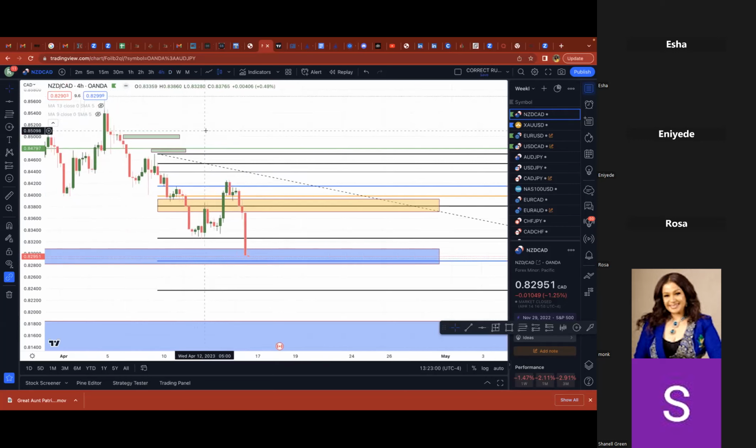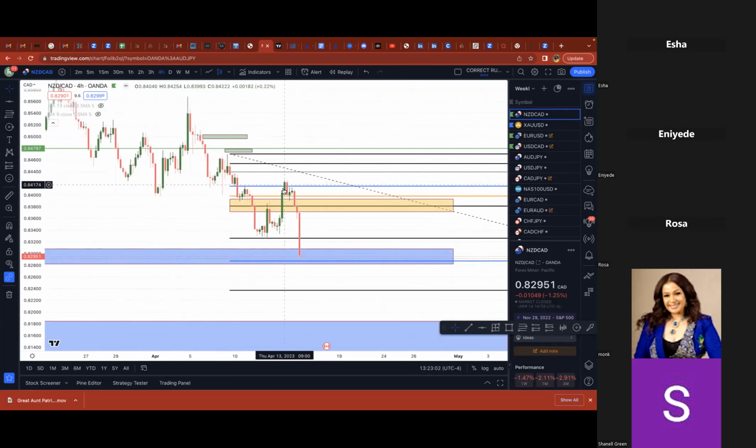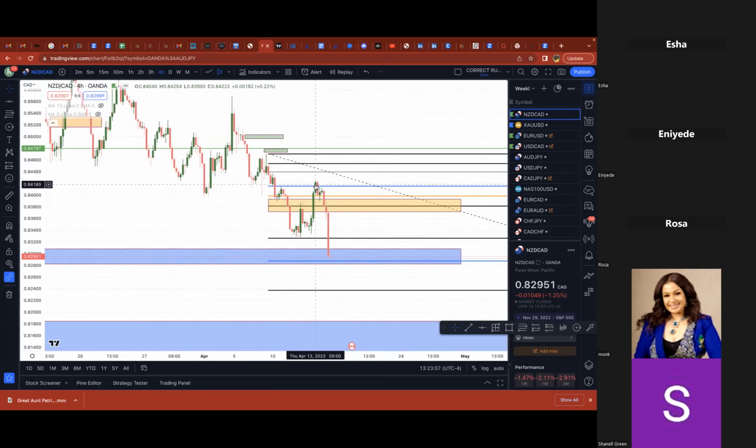Dropping down to the 4-hour. What did it do? This blue line is our 61.8. It came to our 61.8, and then for the sell, we're looking at it the opposite way. So it gave us a 4-hour candle that closed below. Boom.